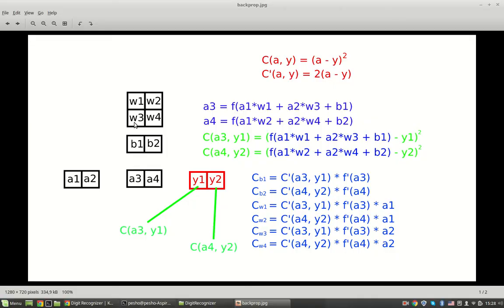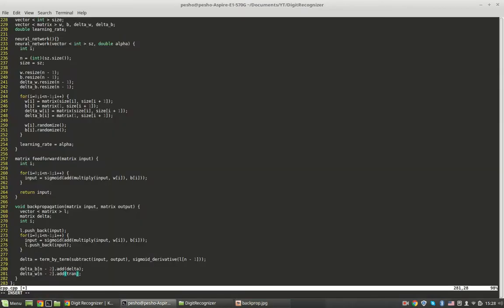So we simply want to transpose this layer, which is not the last, but the one before that. We want to transpose that layer and multiply it by delta. So that's pretty much everything. Not n2, but yeah, n minus 2, not n minus 1.